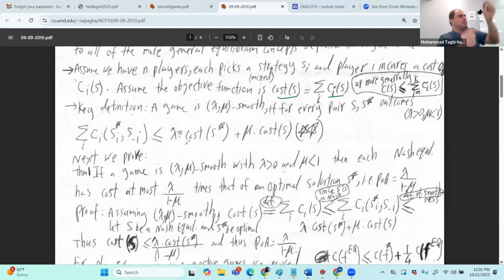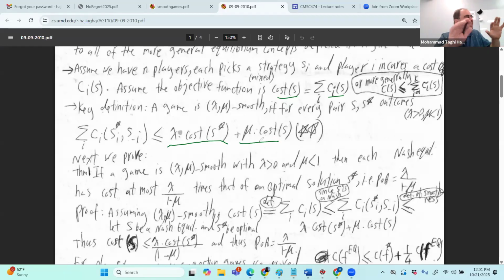One by one, I will consider S, and then I will change the first one with s_1 star and see what the cost is, then s_2 with s_2 star, what is the cost, and so on and so forth. And then sum it up. The sum should be bounded in terms of two numbers: mu should be less than 1, and lambda should be greater than 0.